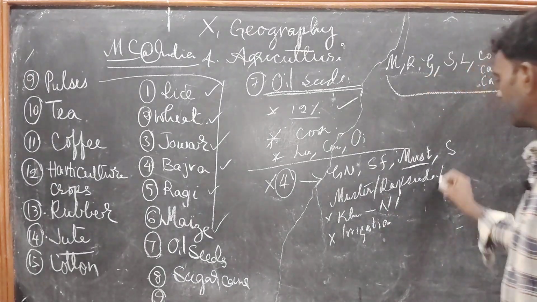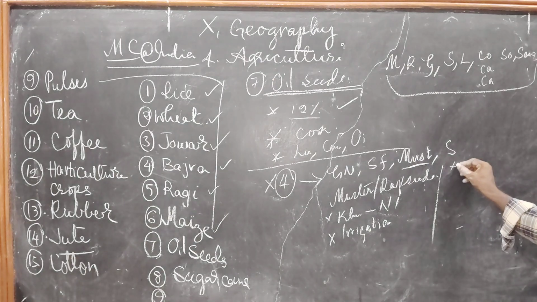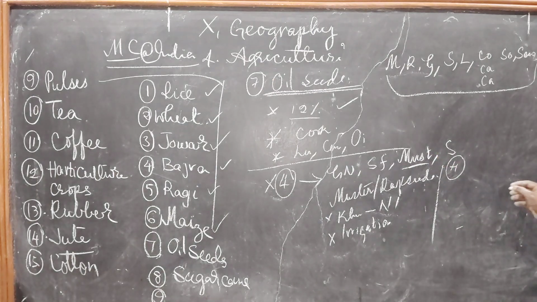One more point on mustard seeds: there are 4 varieties. What are those? Rai, Sarson, Toria, and Taramira.